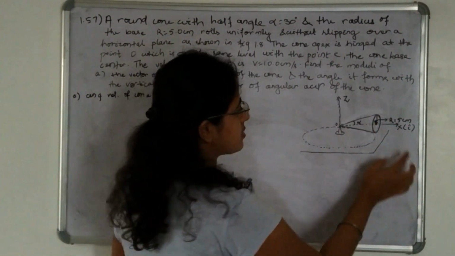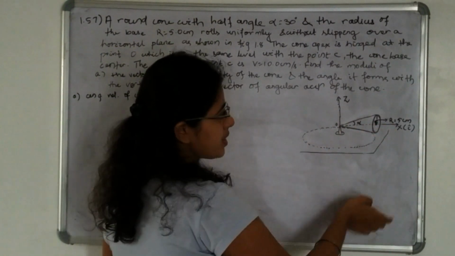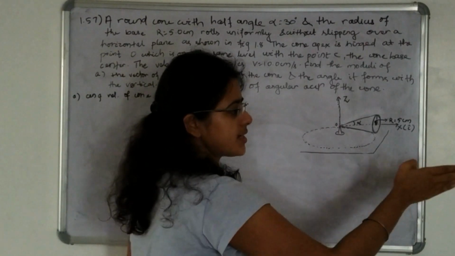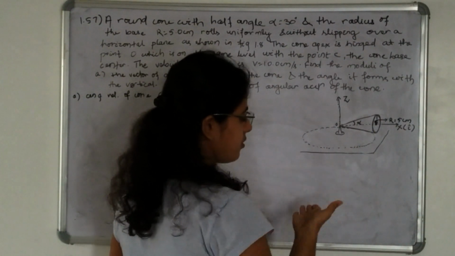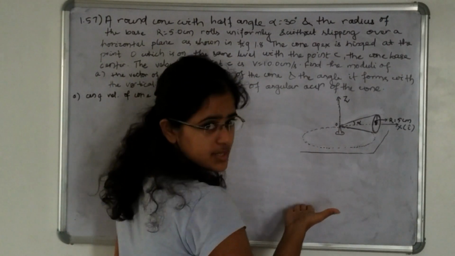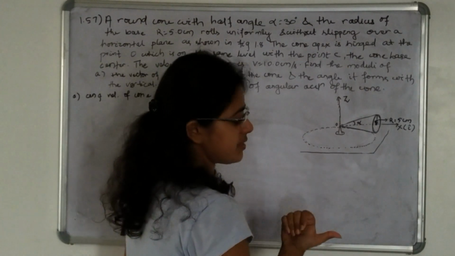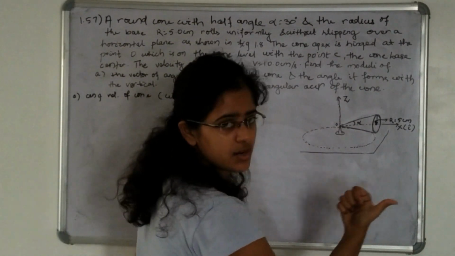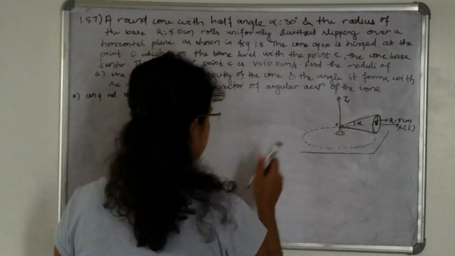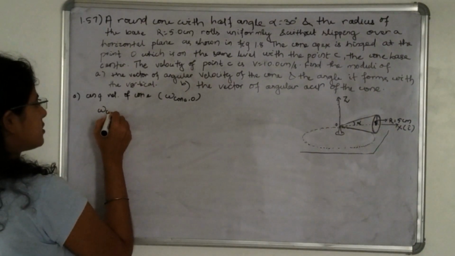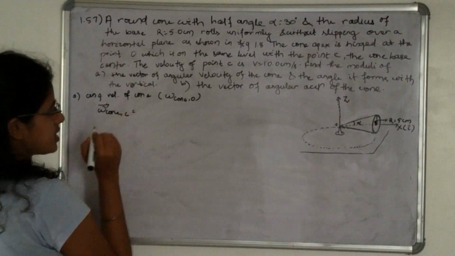In this instant it is directed along the x-axis, with the y-axis in this direction and the z-axis in this direction. So as it is revolving in the yz plane, its axis is directed along the x-axis. Then for that person placed at the center, how much is the angular velocity of the cone with respect to C?